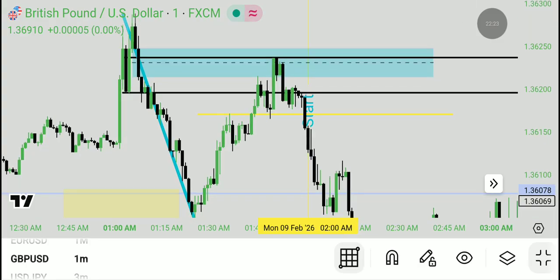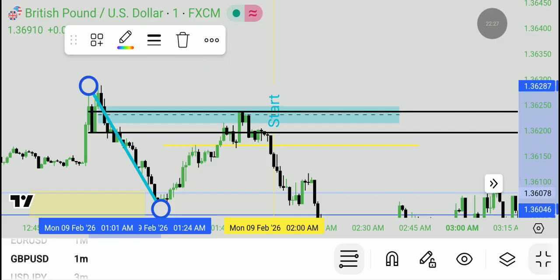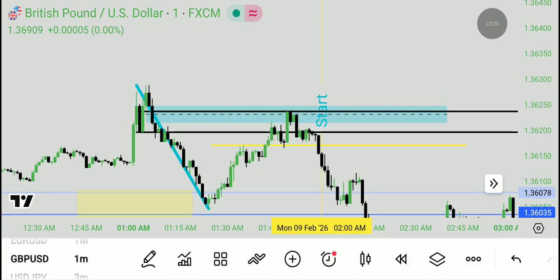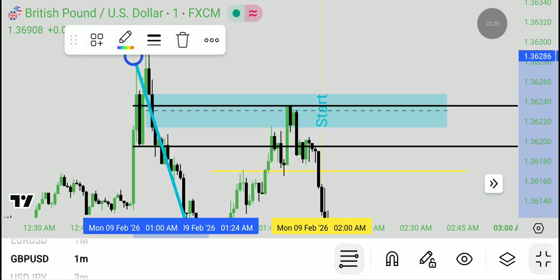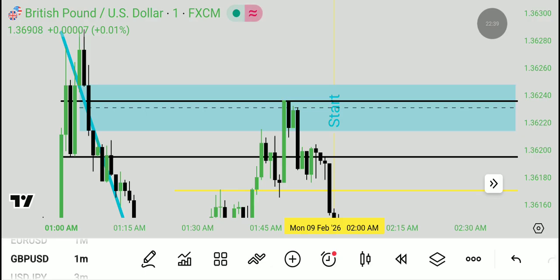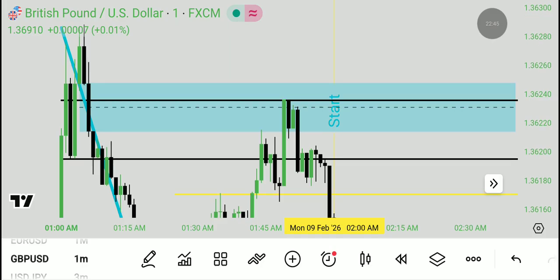Whenever you know how we measure it from this liquidity, you can see my line. You always see. You know what this means. You have been with me. If you measure it, you can see how perfectly the candle respected it.